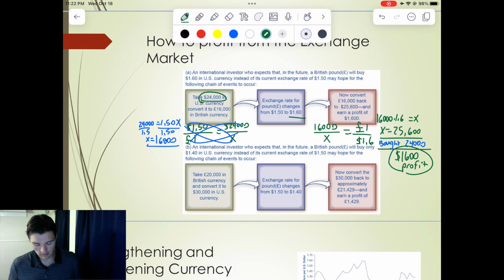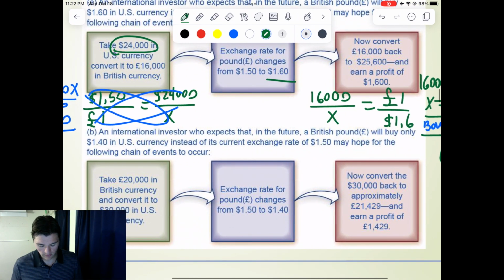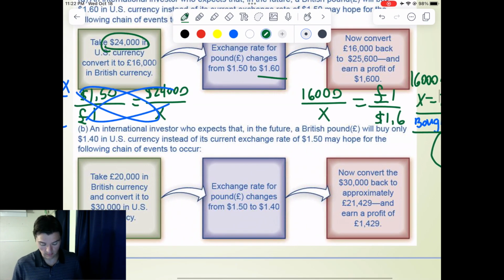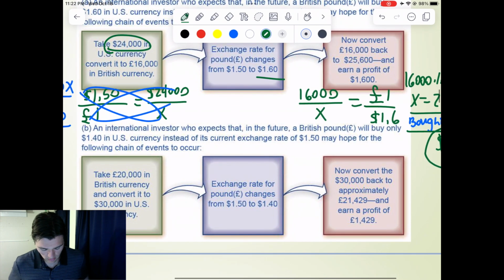Now, what if it were to go the other way? You do the same thing, where you expect something to happen, but let's figure out what happens here. So now we are an international investor who expects that in the future a British pound will only buy $1.40.